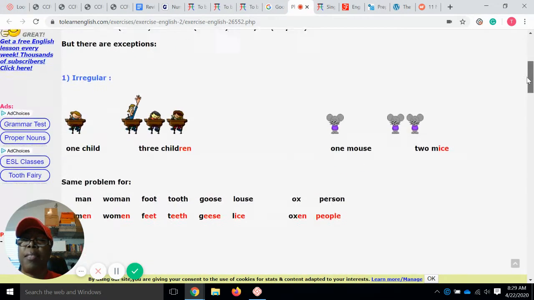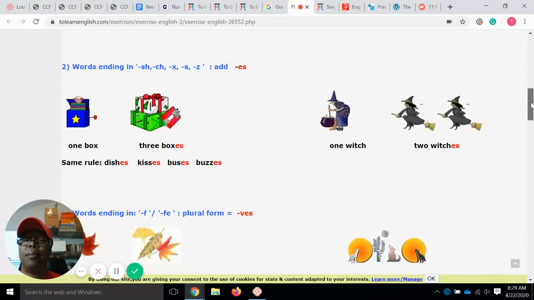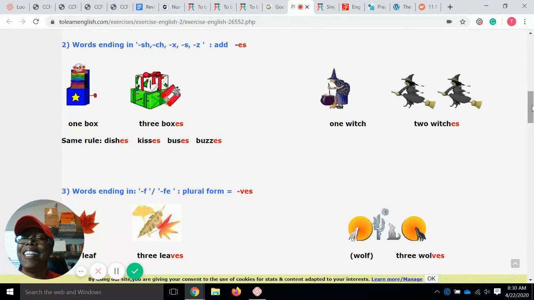And we won't talk about the irregular ones yet. Right now, I want to focus on this next one, which we just talked about. If a word ends in SH, CH, X, S, or Z, we're going to add ES to make it plural.